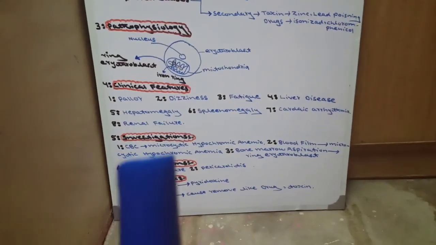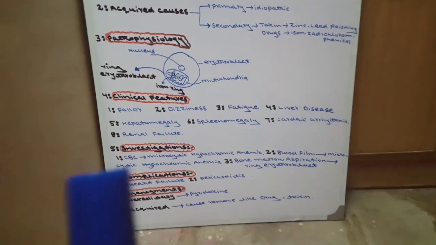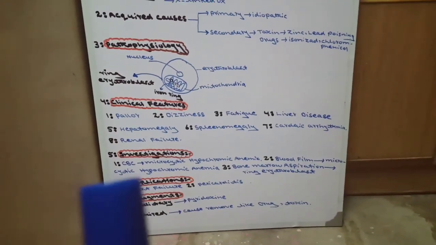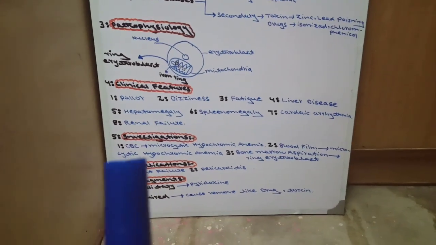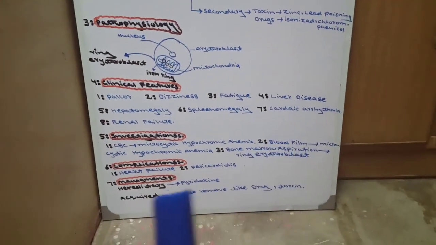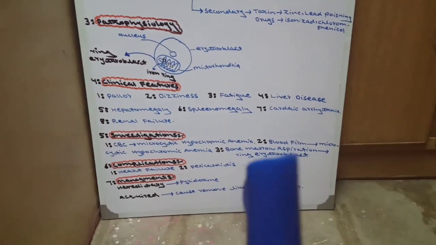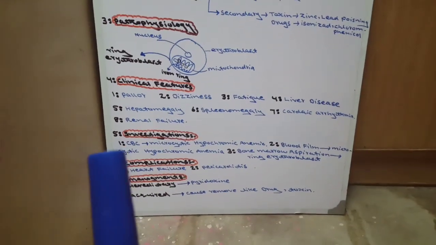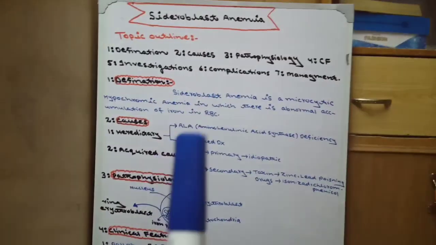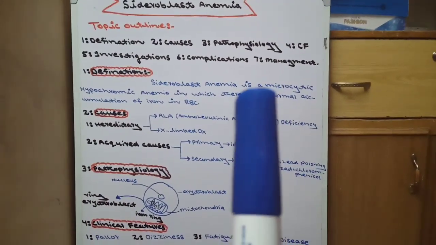Now come to the investigation. We basically do 3 main investigations for Sideroblast anemia. Number 1 is CBC, number 2 is blood film, and number 3 is bone marrow aspiration. CBC shows microcytic hypochromic anemia, like we already studied in the definition.